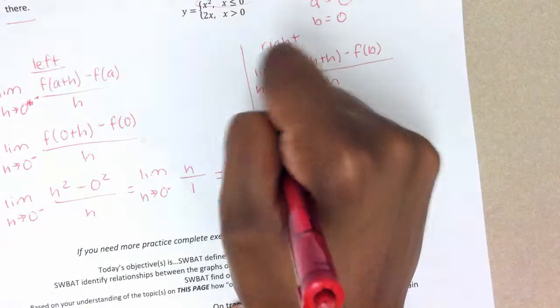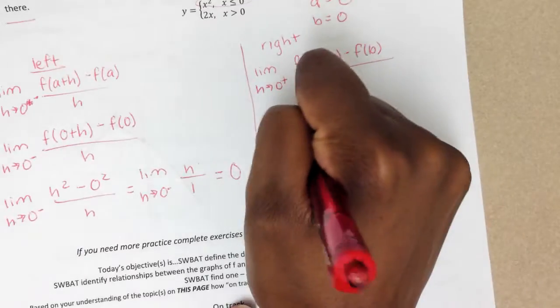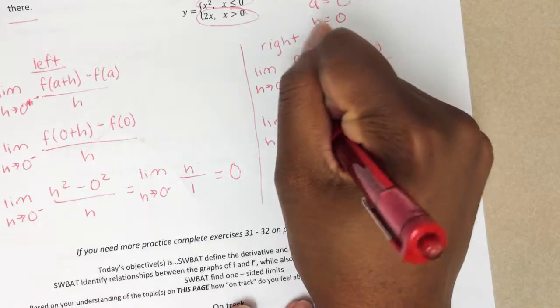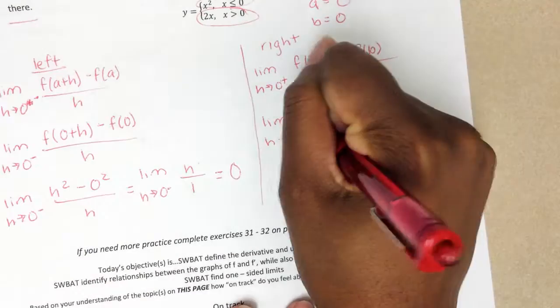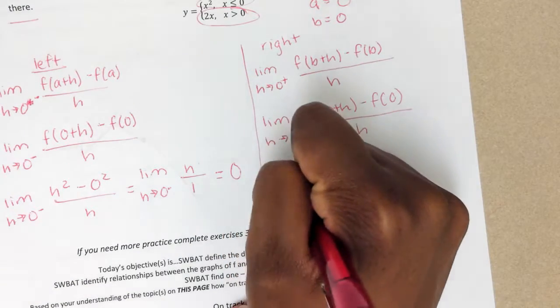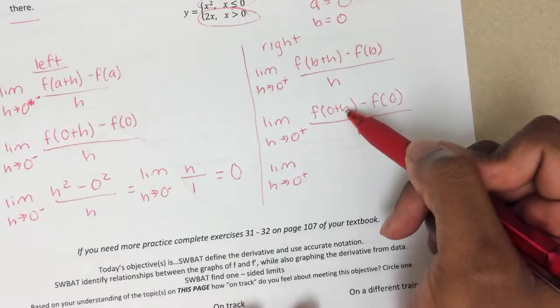So then we have the limit as h approaches 0 from the right, which would be our second function. So of f of 0 plus h minus f of 0 all over h. So this would just be f of h.